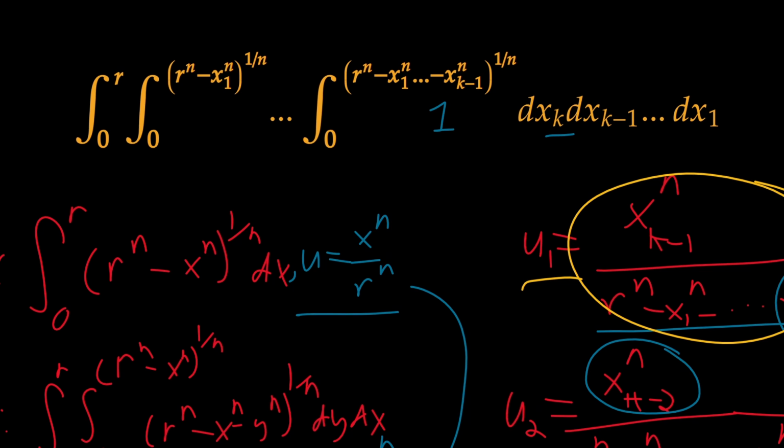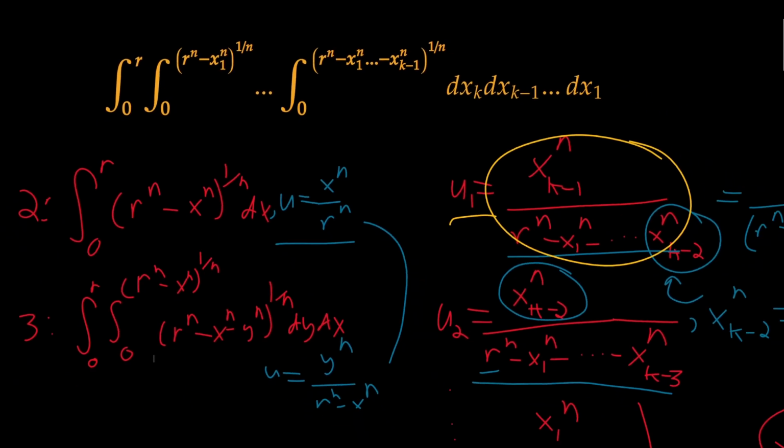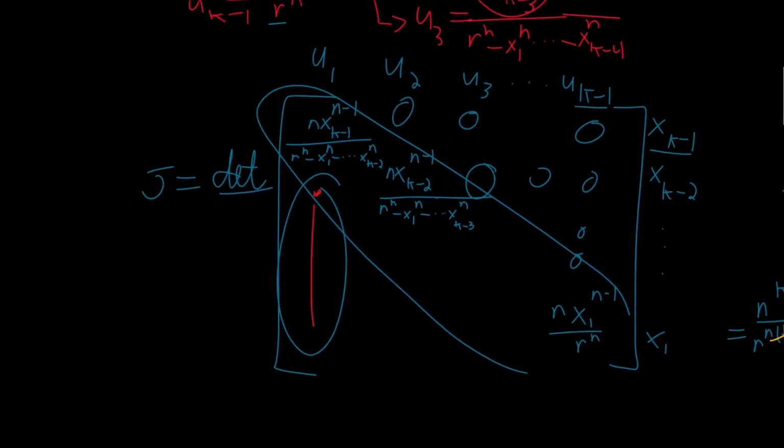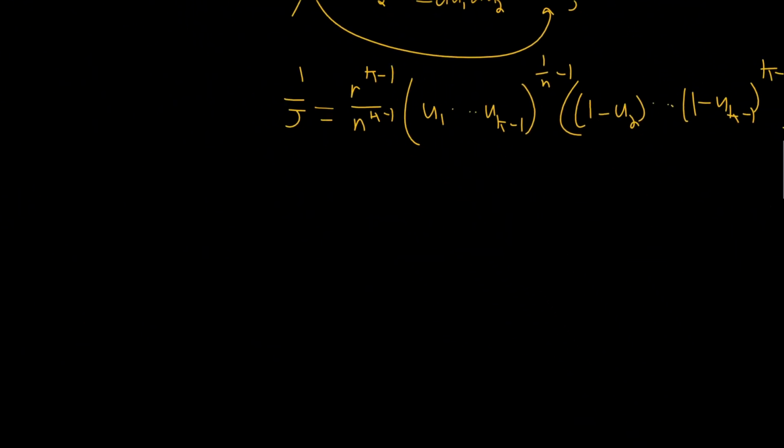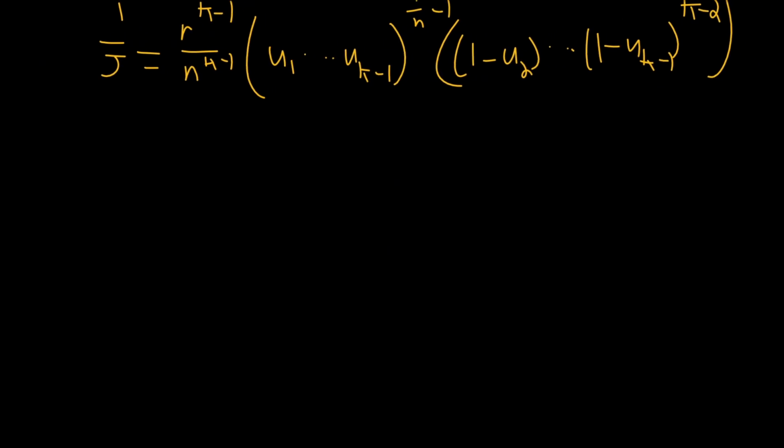But let's actually evaluate this. In the first step, we're going to take that part right here, the part I just talked about why I did, and get rid of that. Yay. So our integral is just going to be, I'll write some of the bounds, the integral from 0 to r.